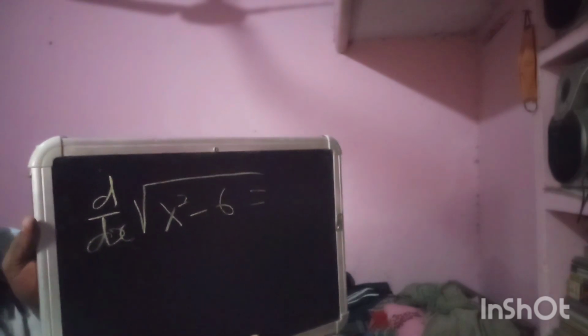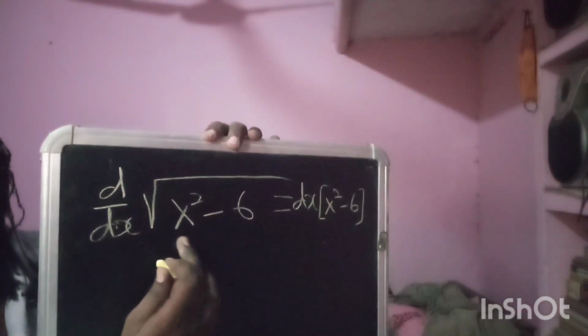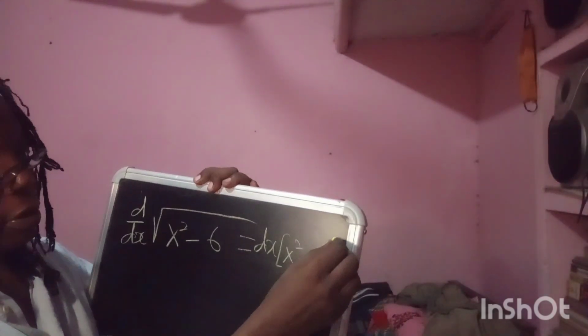You are going to rewrite this as d over dx of x squared minus 6, and to get rid of the radical, it becomes the power half.